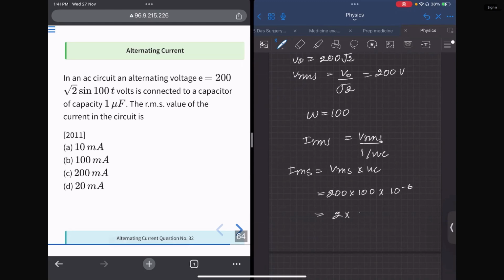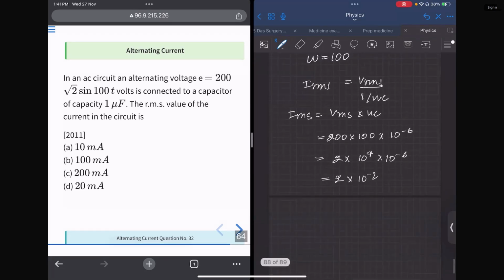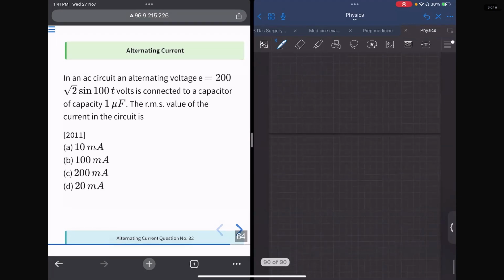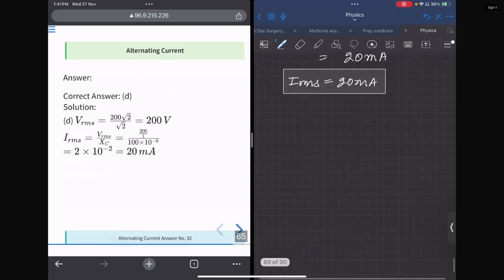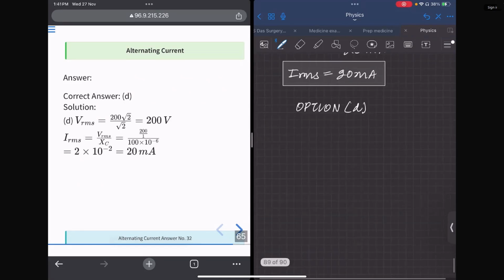So it is 2 into 10 power 4 into 10 power minus 6, which is 2 into 10 power minus 2, or we can write it as 0.02 ampere, which can be further written as 20 milliampere. So the RMS value of current, IRMS, is equal to 20 milliampere, which is our option number D.